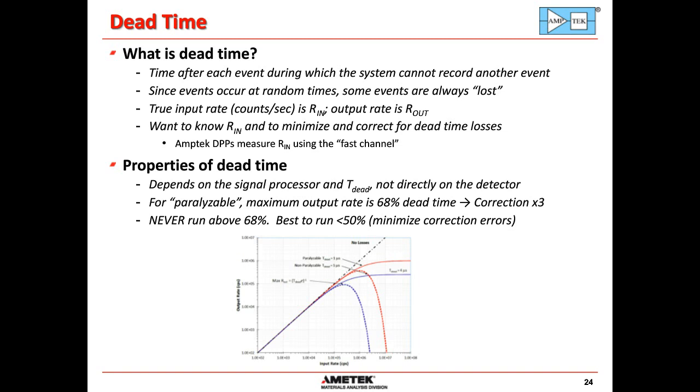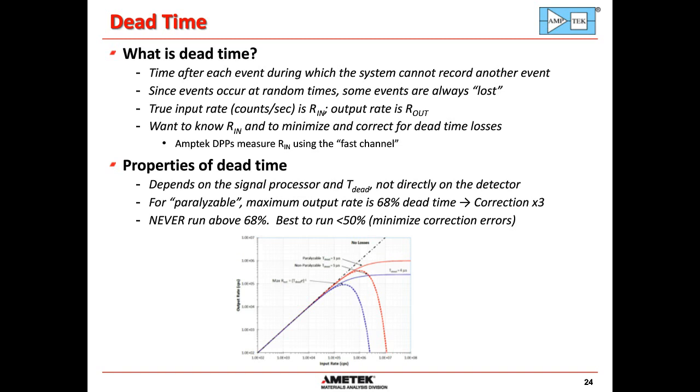It's important to note that the dead time depends on the signal processor and the peaking time. It does not explicitly depend on the detector. So any detector running at 4 microseconds peaking time will have the same dead time characteristics. But what one typically does is choose different peaking times for the PIN, the regular SDD, and the fast SDD. And that's what drives the dead time characteristics of the different detectors.